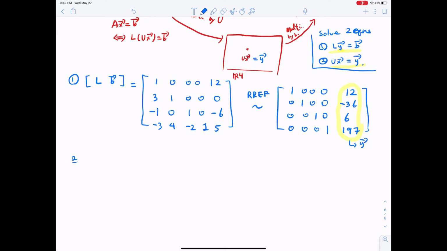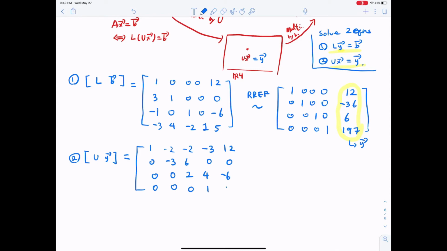And to solve for X, we have to consider the augmented matrix made of U and Y, which is given by 1, -2, -2, -3, and 12, 0, -3, 6, 0, and 0, 0, 0, 2, 4, and -6, 0, 0, 0, 1, 5.